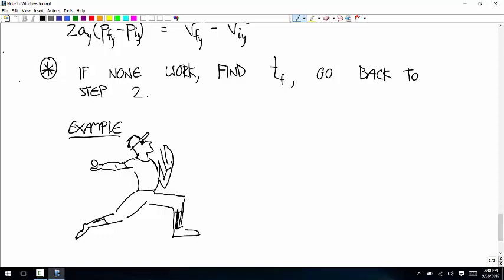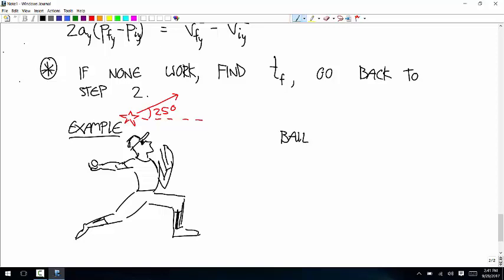Okay. So this baseball player winds up and throws this ball. Let's say he releases the ball from here, at an angle of 25 degrees, at a speed of, let's say, 40 meters per second.